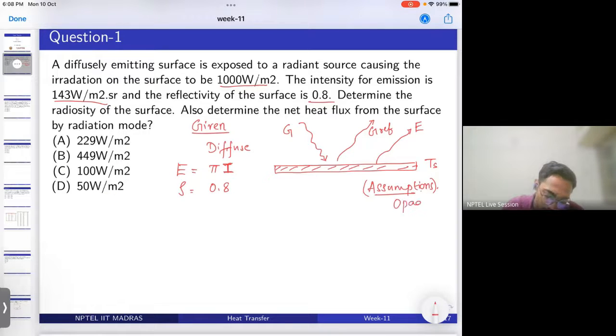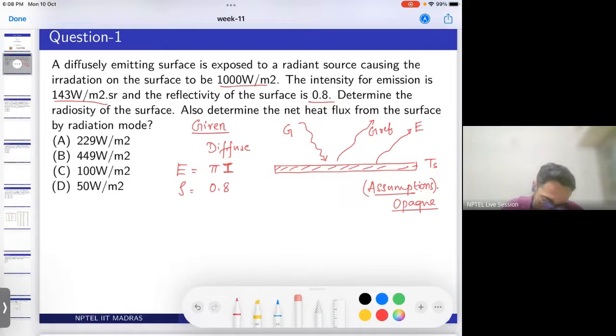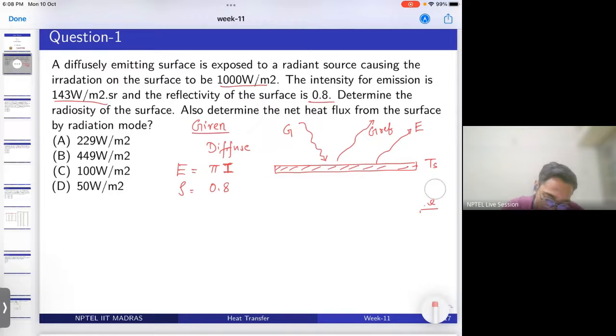It's not necessary anyway; for solving this question this assumption is not required, so I'm not writing it.